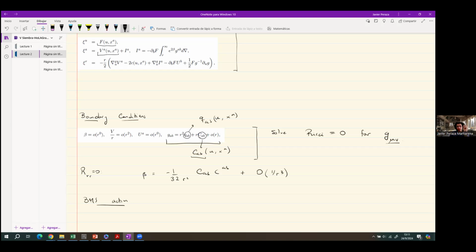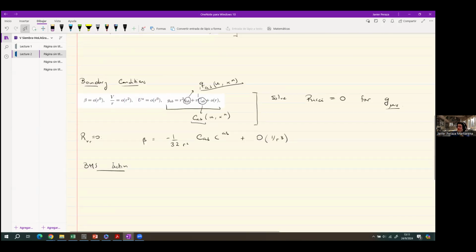Now, the thing here is that there are two choices that we can make regarding the form of Q_AB when we go to infinity. Let me write it below here. Javier? Yes. Can I ask you something? So you're solving equations. What is the data?